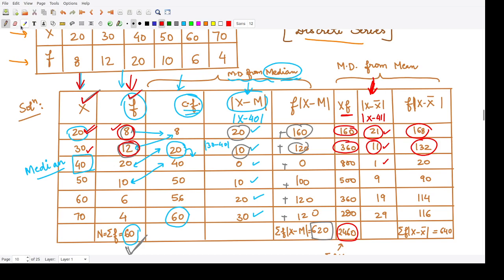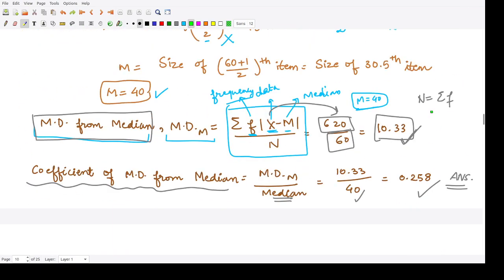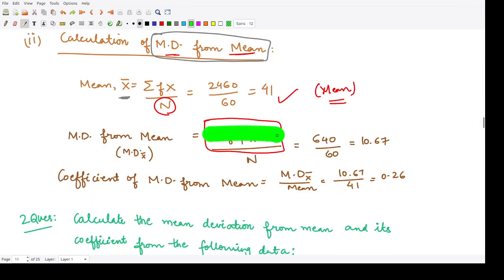When you add up all these quantities, you have the answer as 640. This is summation f modulus of x minus x bar, the quantity we got from here. So this quantity is 640, and the total number of observations here is 60. When you divide these two, your answer is 10.67. That is the corresponding mean deviation from mean.